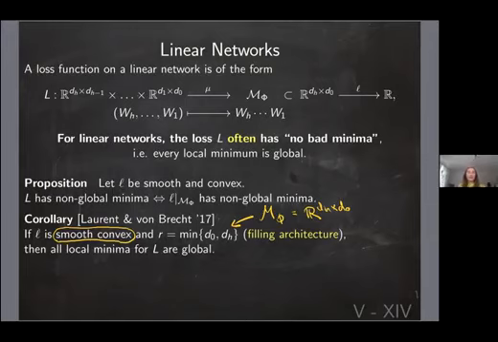The last thing I was talking about was these results from Lauren and von Brecht on the filling architecture case, which is an immediate corollary from the proposition above.